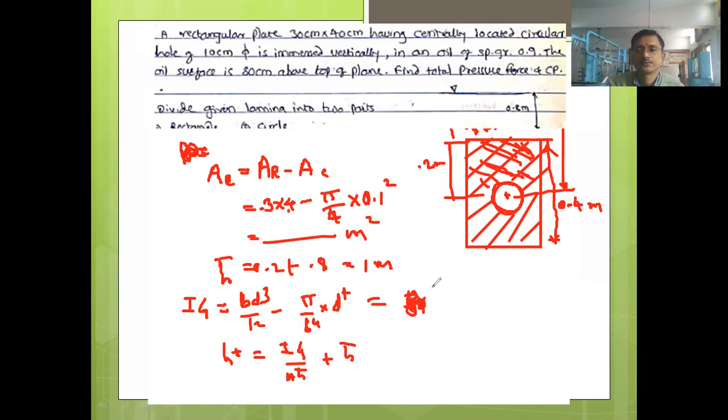Do it fast. 3 by 4 divided by 12 minus 5 by 64 into 0.1 raised to 4.